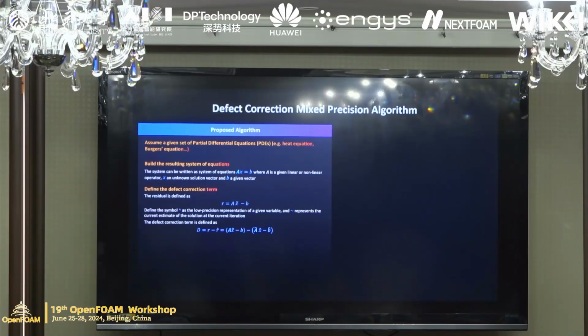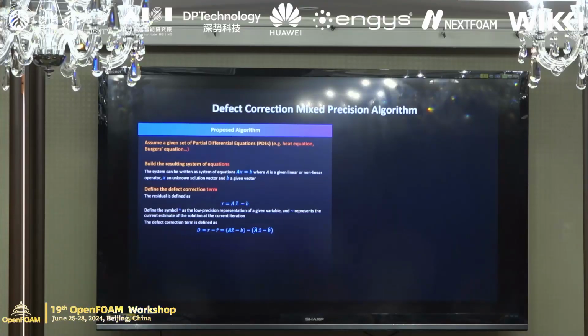And what we define here is the defect correction term. So basically, the residual of your equation is always defined as the difference between AX and B, X tilde here being the current iteration, the current solution that you have. So R is basically the error between AX and B using the most updated X that you have in your solution.